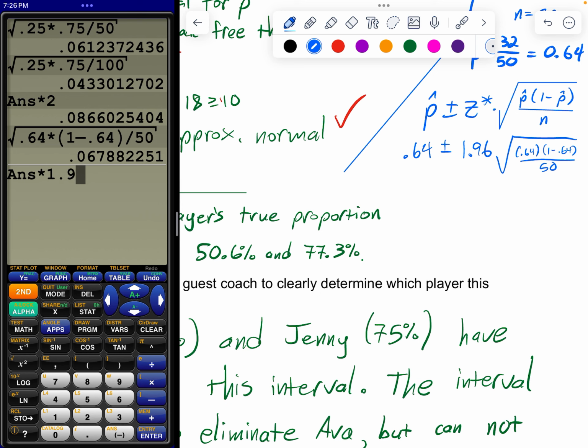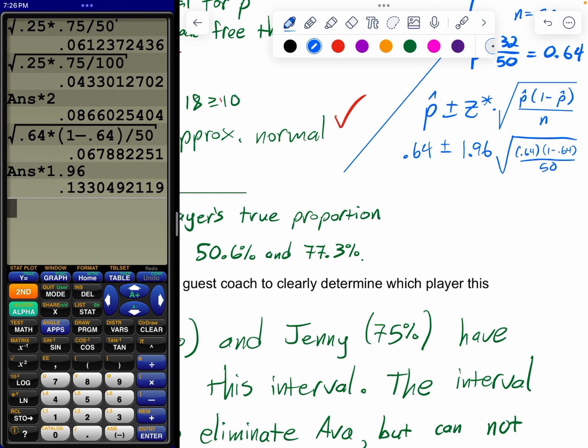Multiply that by 1.96 standard deviations, and I'm essentially getting 0.64 plus or minus about 13%. 0.64 is the center of the interval. I'm going to add 0.13. Actually, I might as well just add that whole thing.